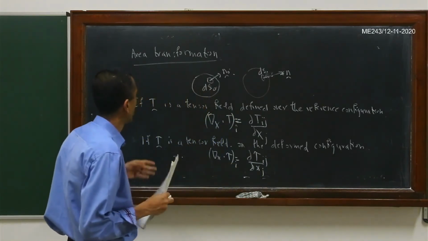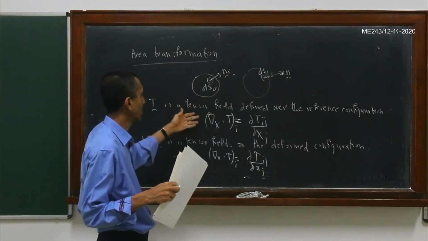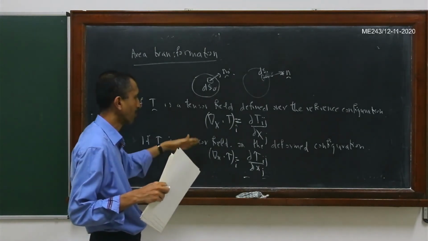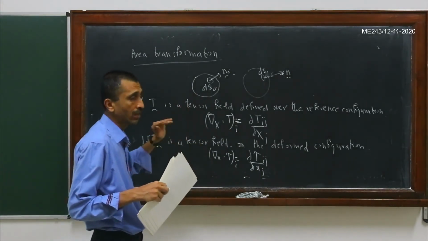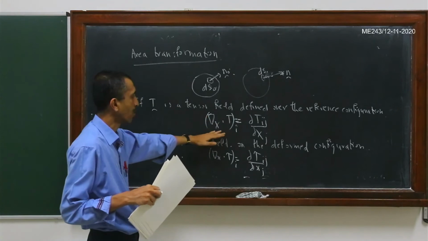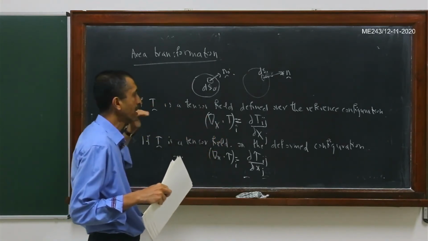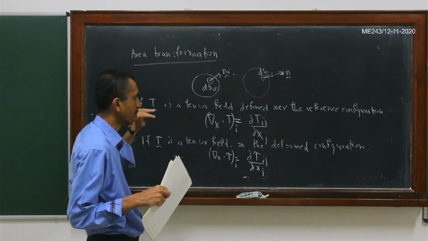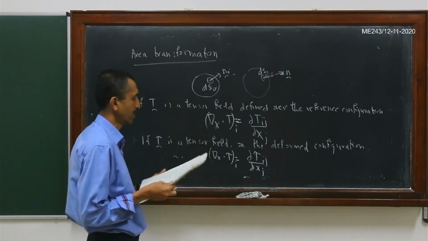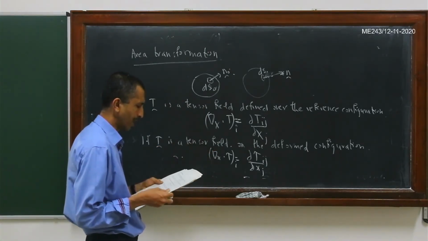So this is a tensor field over the reference configuration, and this is over a deformed configuration. And as usual, whenever I am writing these component forms, they are with respect to a Cartesian basis. Okay, so not with respect to some curvilinear basis and so on. So here all these index notation formulae are with respect to a Cartesian basis.